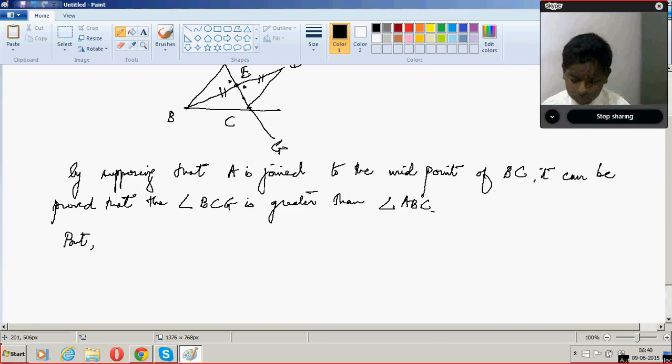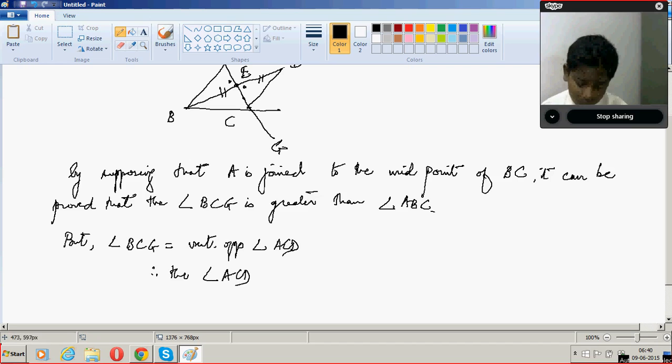But angle BCG is equal to vertically opposite angle ACD. Therefore, the angle ACD is greater than angle ABC. Then you write down QED. That means end of the proof.